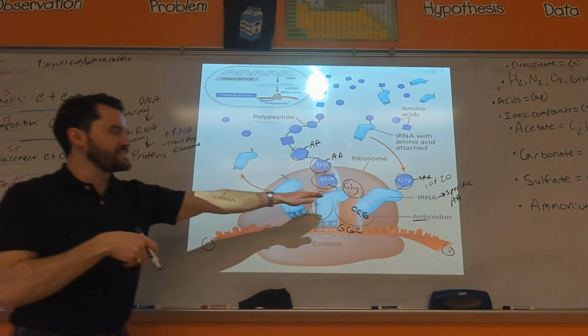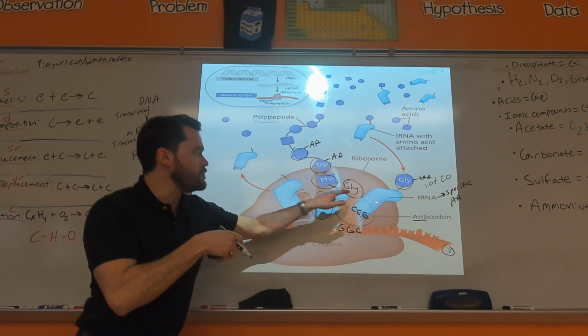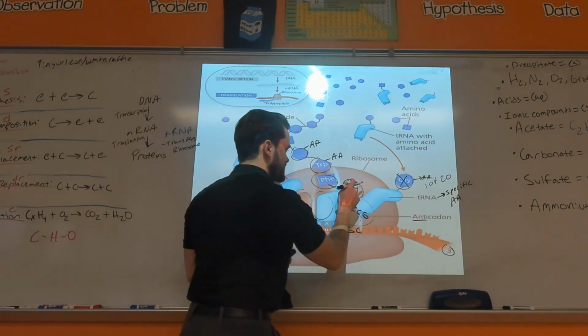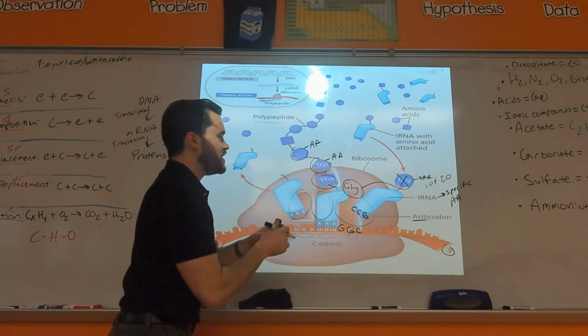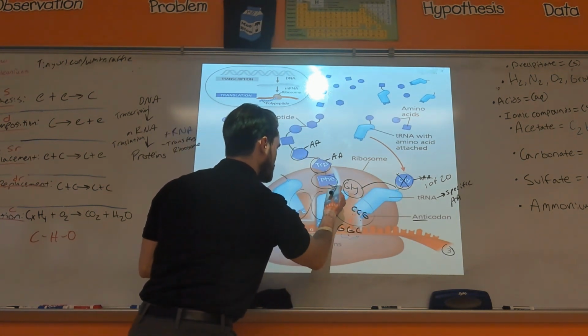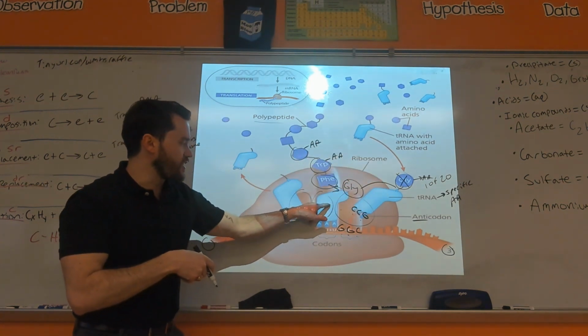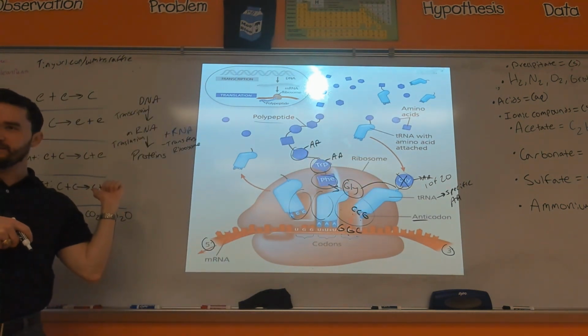So glycine gets attached here, and then this tRNA moves over. The whole chain is broken from the previous tRNA and attached to this tRNA, and the previous tRNA becomes the one that exits.